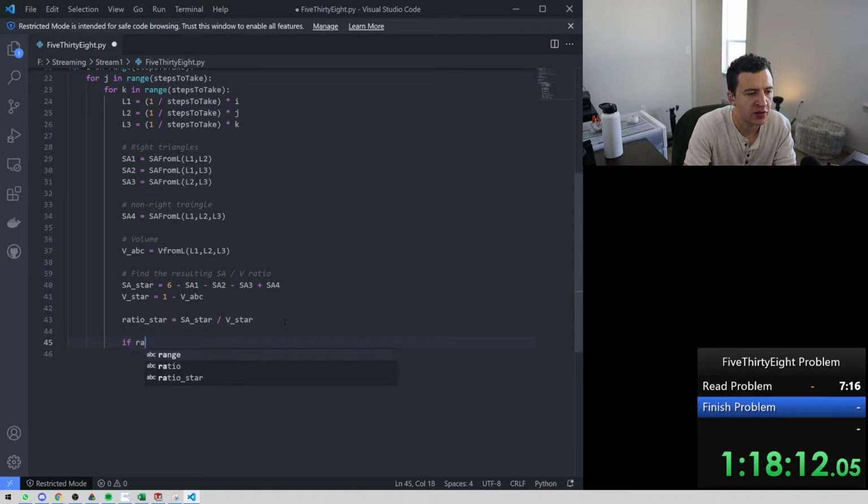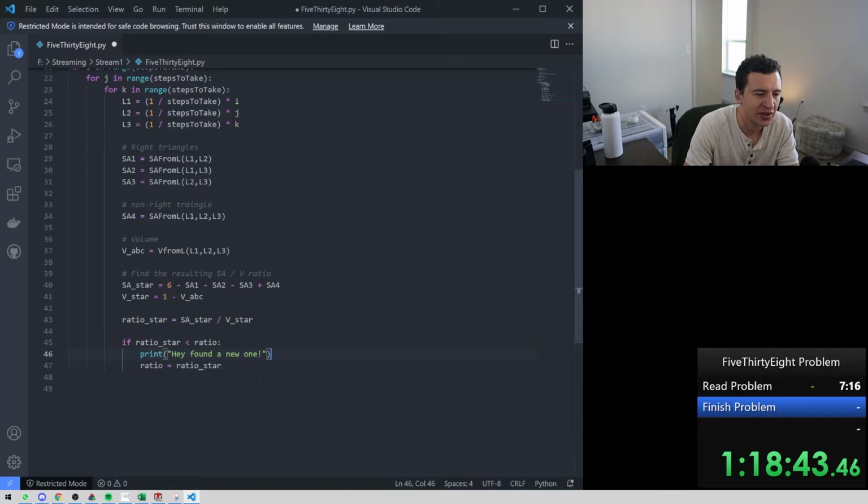And at this point, if ratio star is less than our ratio, then we print, hey, found a new one, and make our ratio equal to ratio star, and then along with this, we can print use the following lengths.